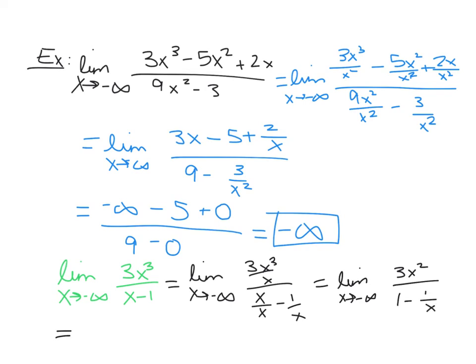And if I plug in negative infinity, I get 3 times negative infinity squared over 1 minus 0. So now I'm left with 3 times negative infinity squared. Generally, if you're squaring an infinity, it's still infinity. However, when we're working with signs here, we actually do take into account squaring that negative. So my final answer is actually going to be positive infinity.